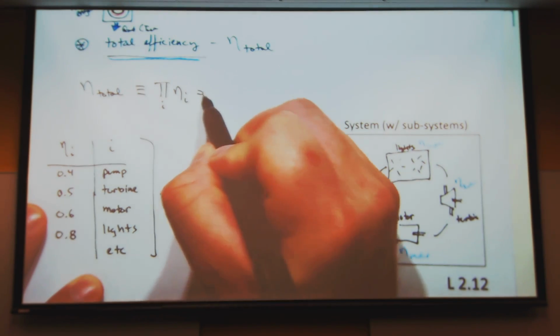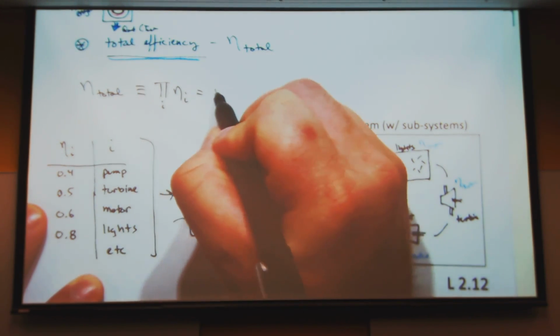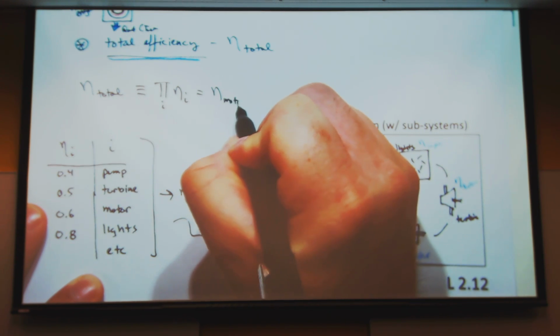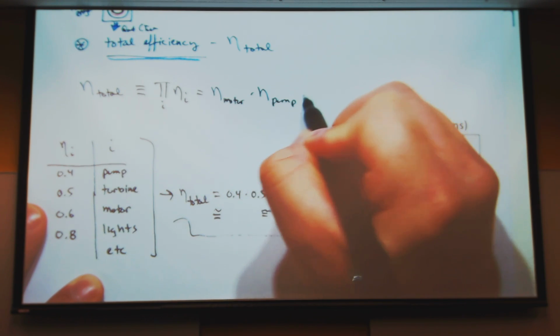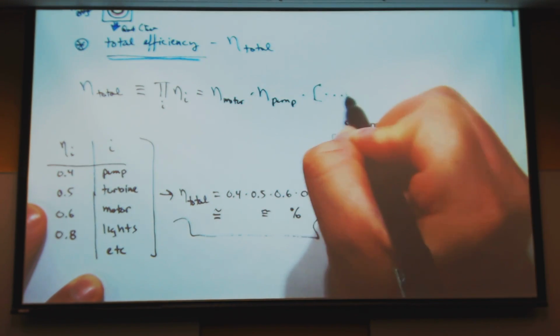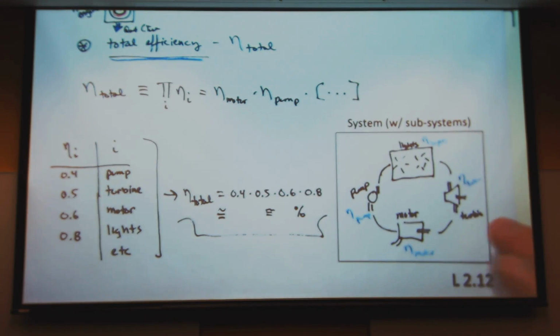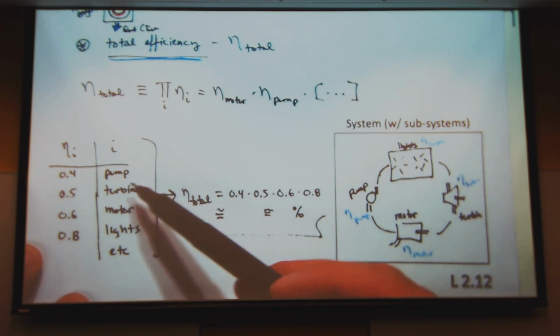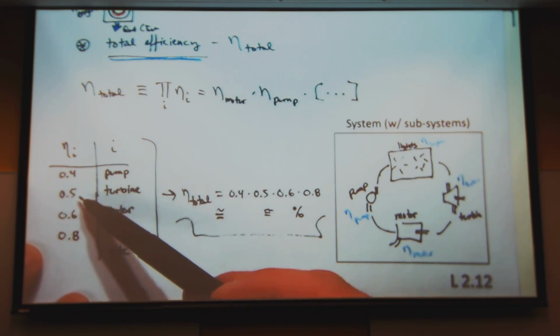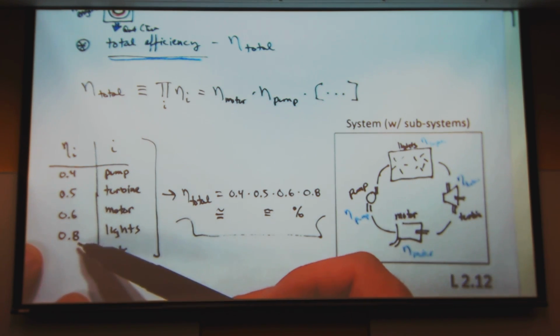And so the total efficiency of a system is going to be eta motor times eta pump times dot dot dot. Just as an example, I could say the pump in this system has an efficiency of 40%, the turbine 50%, the motor 60%, the lights 80%.